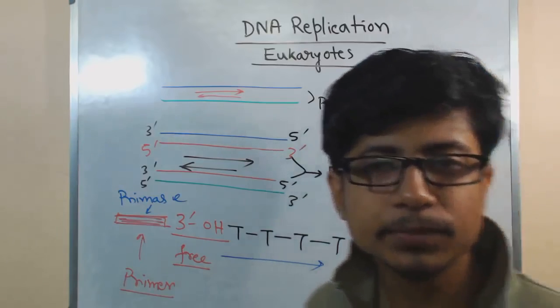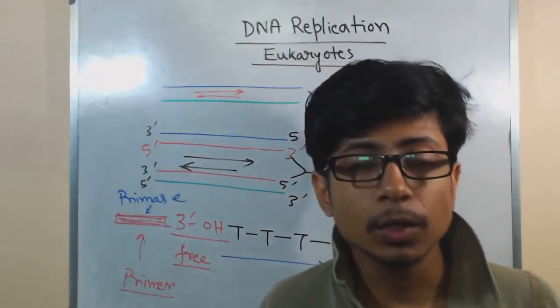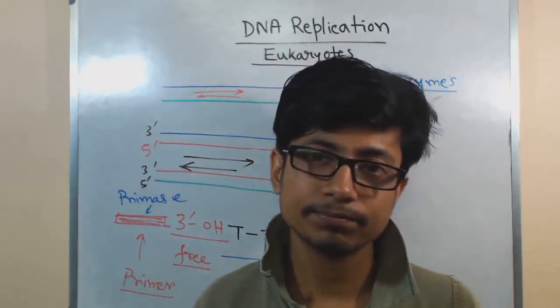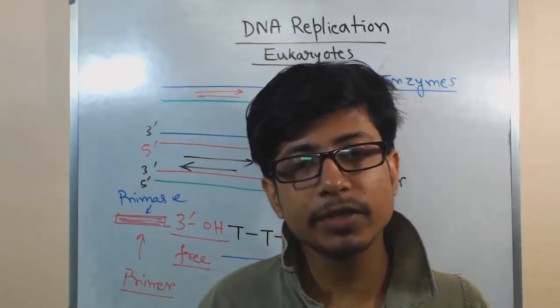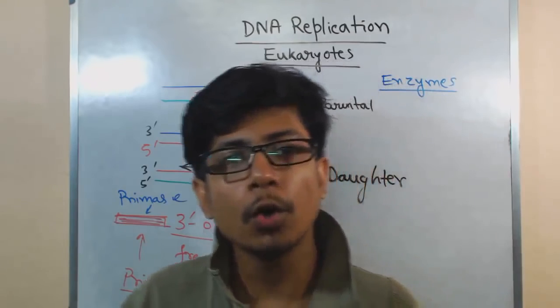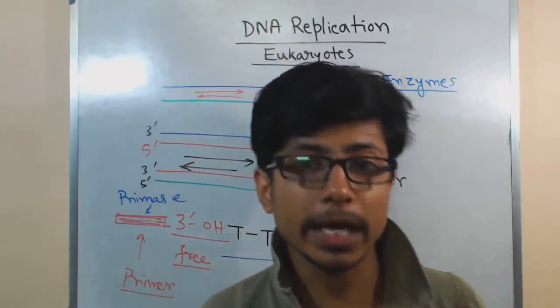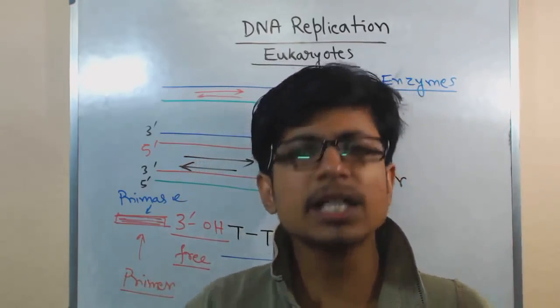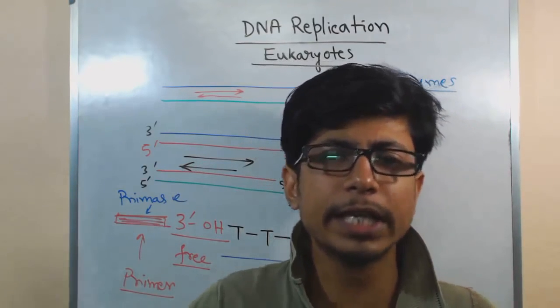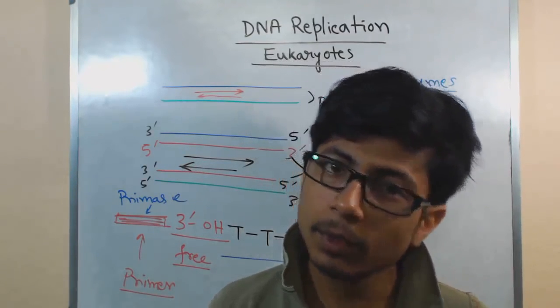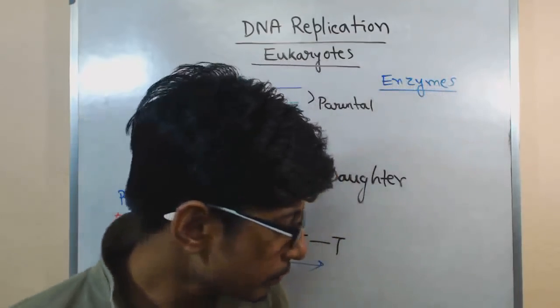On the other hand, in eukaryotes, the Okazaki fragments are larger. They are pretty big, 200, 300, 400 base pairs long, because eukaryotic genes are larger and they need to polymerize a lot more DNA compared with prokaryotes. Okay, there is a difference.